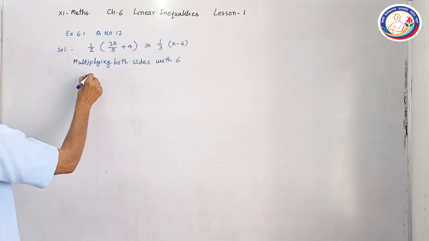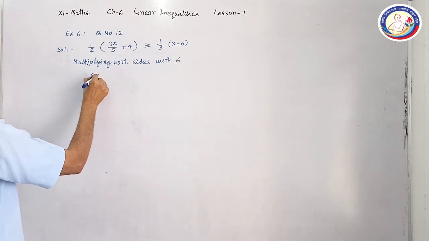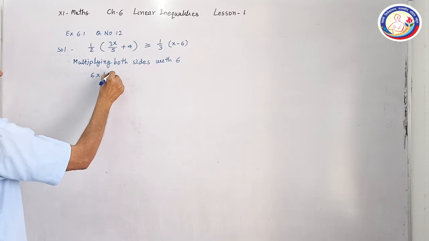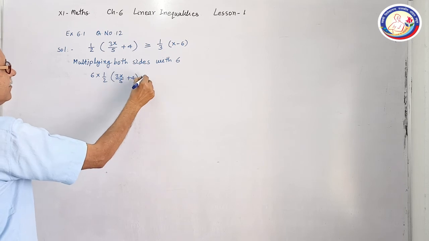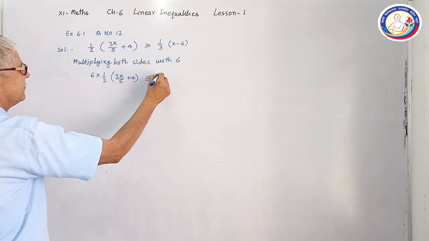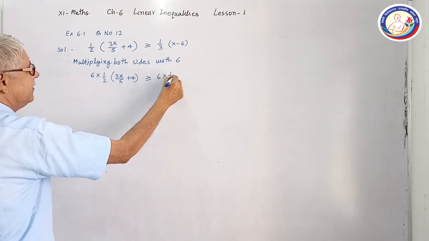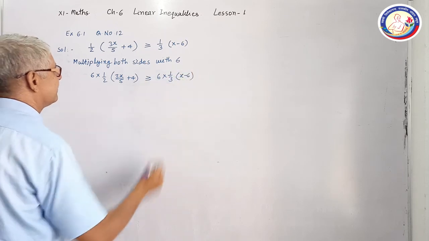We will have 6 into 1 by 2 (3x upon 5 plus 4) is greater than or equal to 6 into (1 by 3 x minus 6).